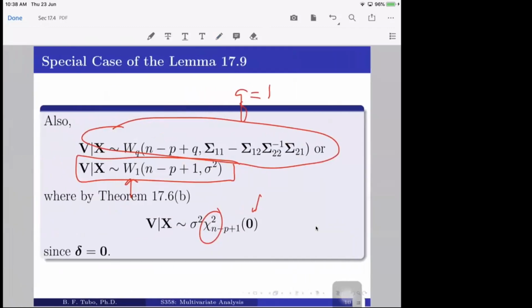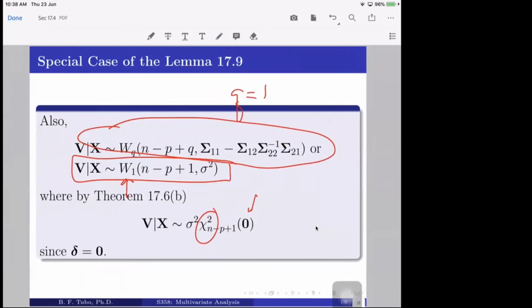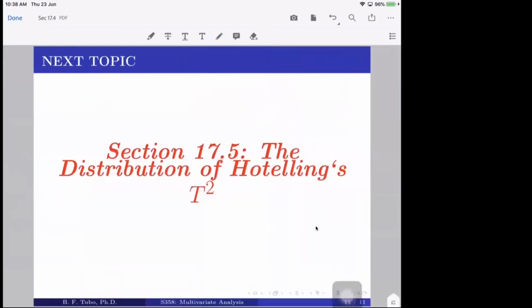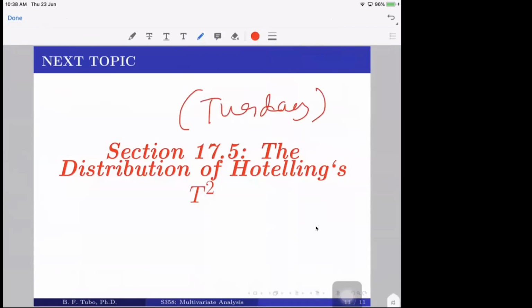Okay, so that's it for the important lemma. And then I will discuss this on Tuesday. So the Tuesday topic will be section 17.5. Again, if you look at the topics in your book, chapter 17 is actually just until 17.8.